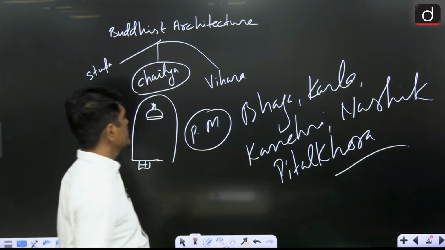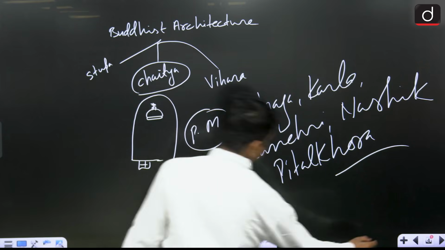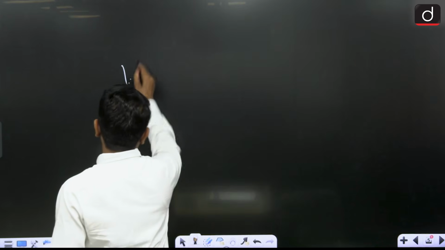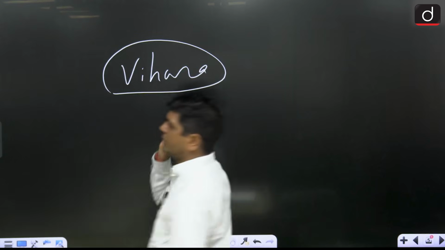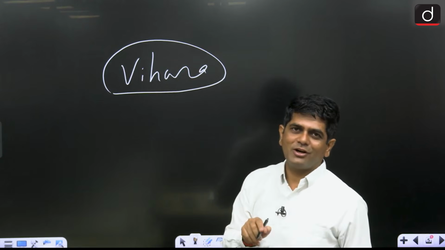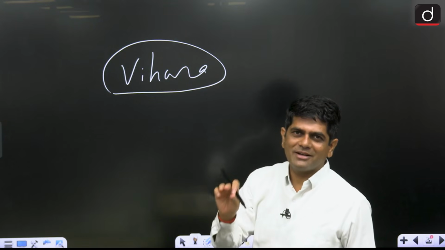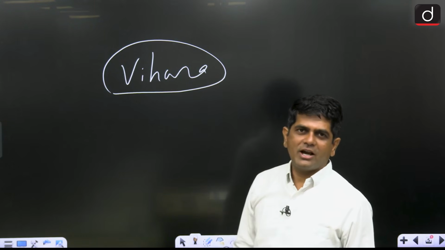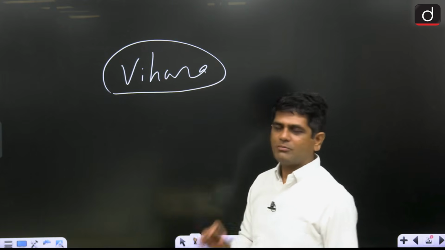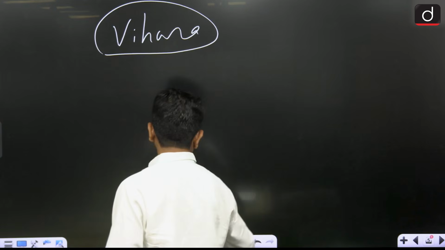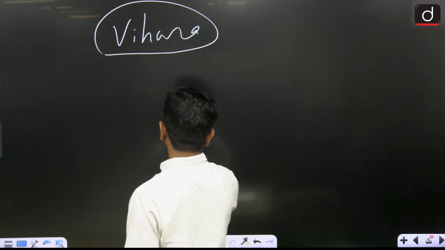Now moving towards the Vihara. Vihara represents what? A residential place for the Buddhist monks and nuns. Vihara or monastery, residential place for monks and nuns. Normally Vihara looks like this.